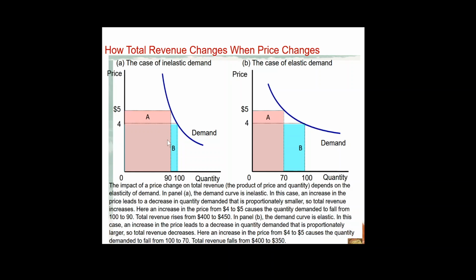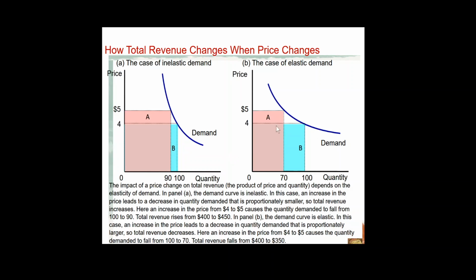A is generally greater than B in the case of inelastic demand, and in this case the contribution of A will be higher than B and the total revenue will be higher, okay? And this is usually a question I ask about elasticity and the price: the increase of price, the increment of the total revenue, and its relationship with elasticity.